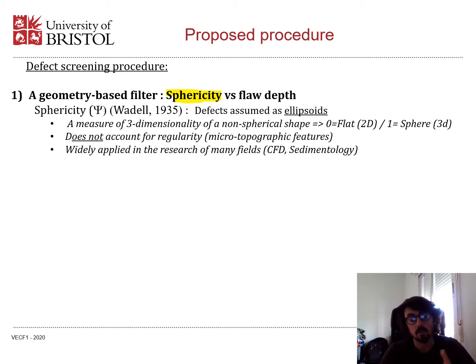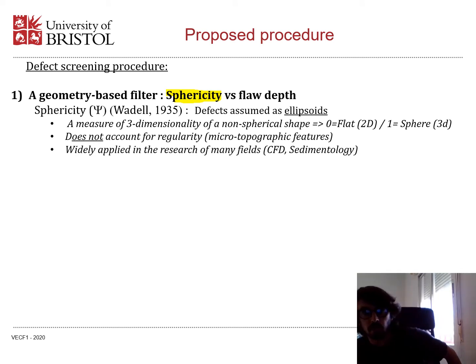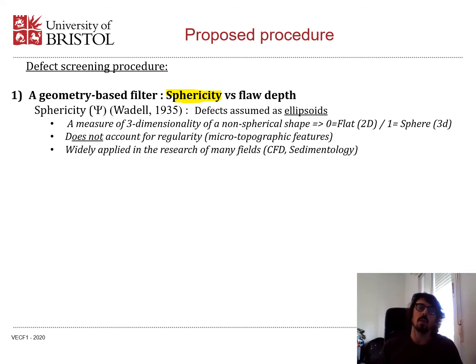Basically, if the surface areas match, that's a sphere, because you're comparing to a sphere. If they don't match, and because the surface to volume area of the sphere has the greatest value of sphericity, that's the highest value you can get, and therefore all values will be between 0 and 1.